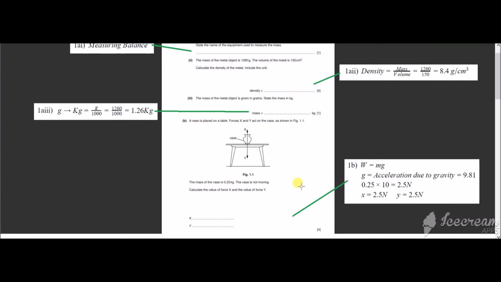Therefore we will multiply 0.25 into 10, will round 9.81 to 10, and then you'll have 2.1 newtons. And as the vase is not moving, the two forces will be equal. Therefore you'll have 2.5 newton for X and 2.5 newton for Y, and that is how you solve question 1.